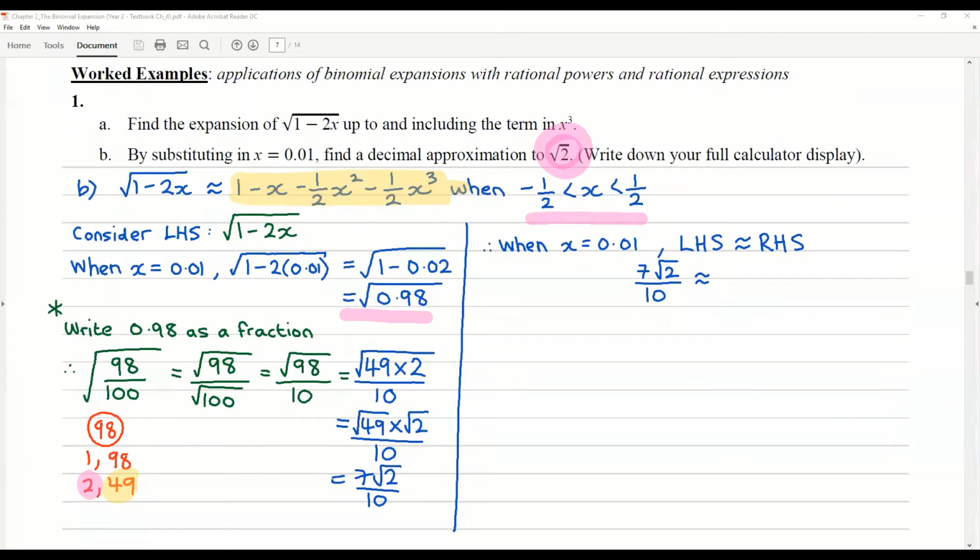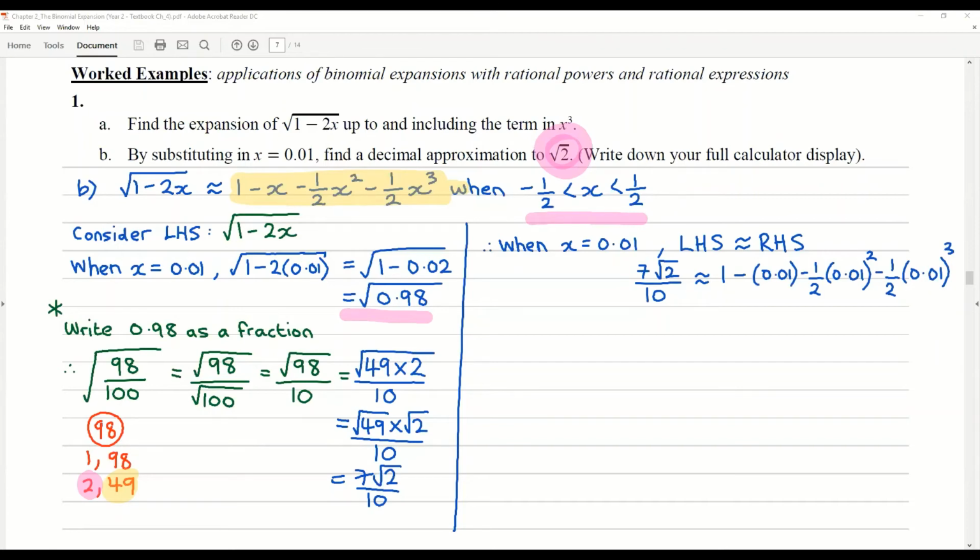So if we substitute it into all that, we're going to get 1 subtract 0.01 minus 1/2 of 0.01 squared minus 1/2 of 0.01 cubed.